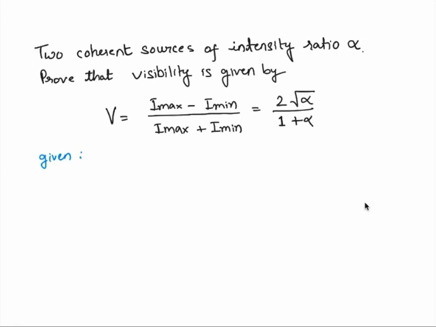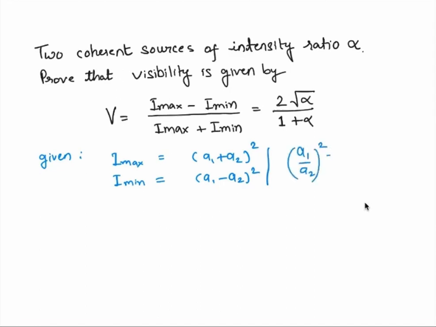So let us again define Imax as A1 plus A2 whole square and I minimum as A1 minus A2 whole square, and we are also given that A1 by A2 whole square is actually alpha. So just substitute.